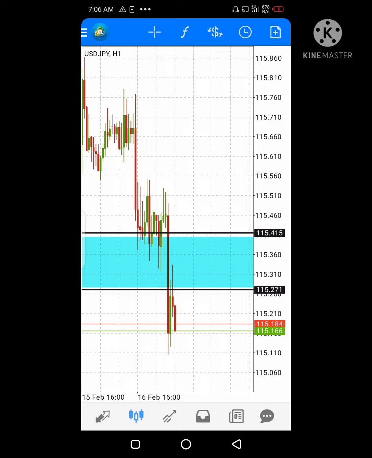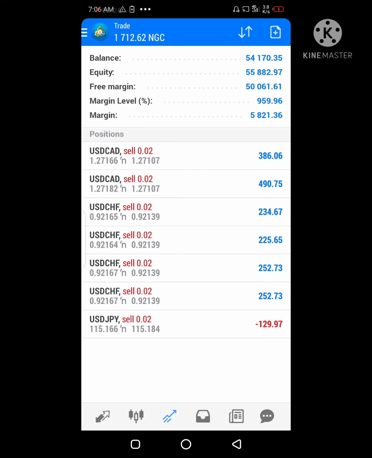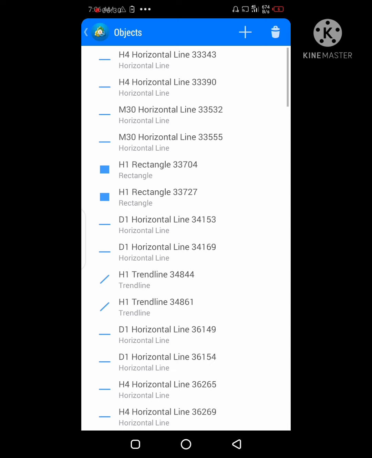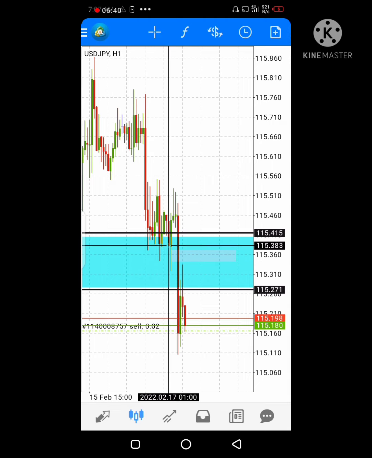1 hour is already tested, so we're just going to place a sell here. But with a smaller lot, we're going to place a sell there and put our stop loss at this point, this area. The reason why I put a sell here is because price has already tested this area, has already broken and tested the area, so we expect the price to push down.